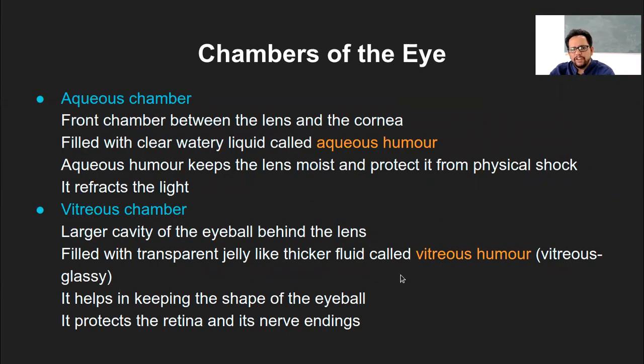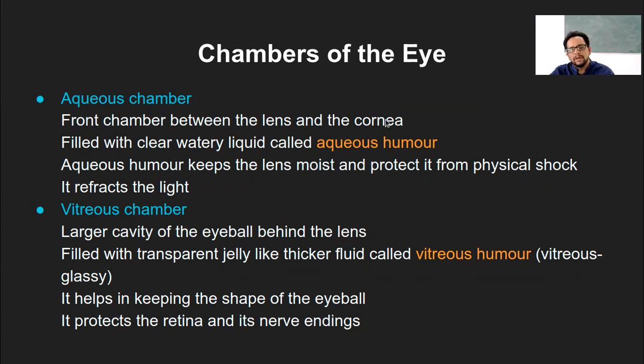Now the chambers within the eye, or the cavities of the eye. So there are two main chambers, what are called the aqueous and the vitreous chamber. The aqueous chamber is the front chamber between lens and cornea. Like again, conjunctiva, then cornea, and then what you enter is the aqueous chamber.